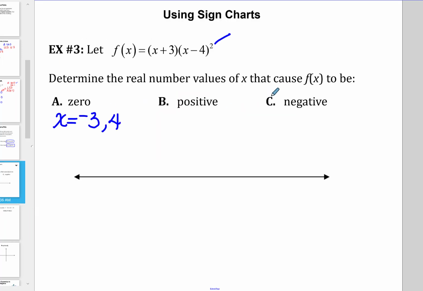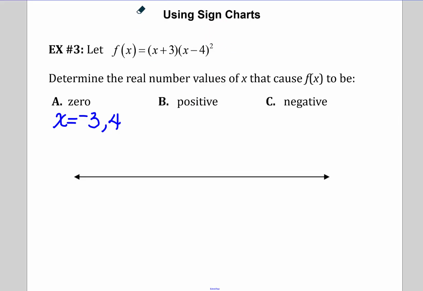In this particular situation, I just want to approach it using a sign chart method. So the way the sign chart works is we're going to set up the critical numbers. Negative 3 is a critical number, positive 4 is a critical number, and I want to test some numbers and see what the sign of the y value is at those test values. So that would look something like this.